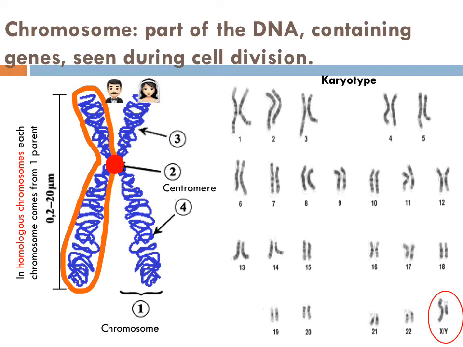In males, a person will have an X chromosome, which is a bit longer, and a Y chromosome, which is a bit shorter. So this is actually a karyotype from a male person. In a female person, we will have two X chromosomes, which both will be big in size. That would be a karyotype of a female person. All right, let's move on.